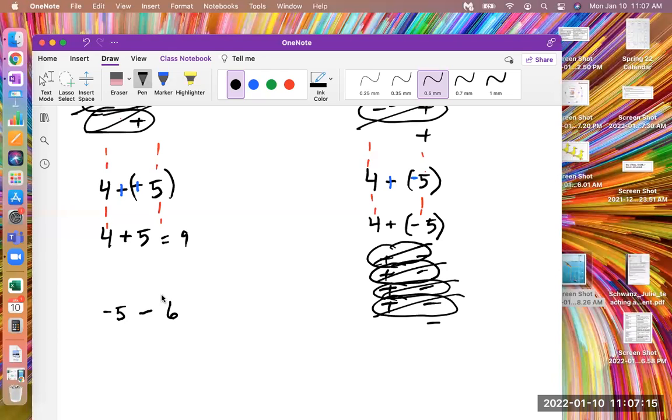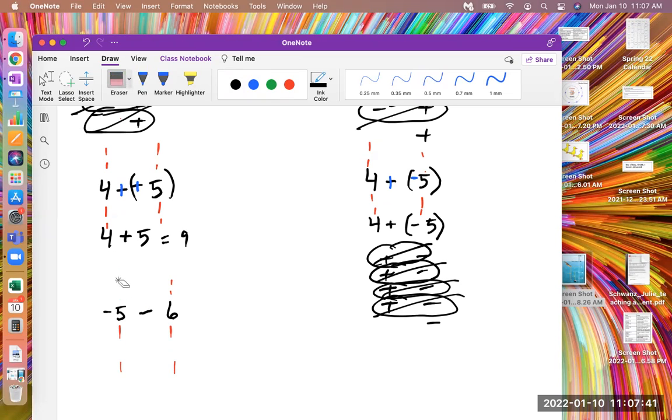Students make the mistake of thinking, I use my 2-stick rule and go right here and make these both positive. That's absolutely not correct, because the 2-stick rule has to be used between the integers, and you're not doing it between the integers when you do it that way. So that would be wrong.